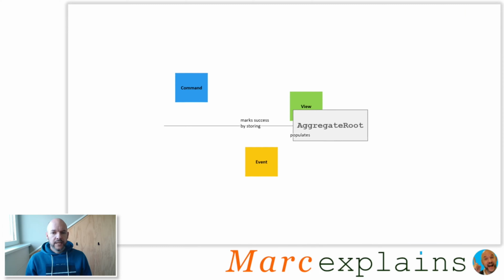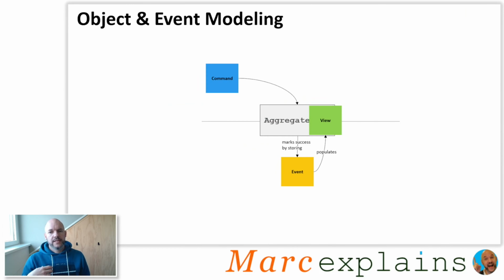And actually, how does this work? Well, the command is sent to the command handler of this aggregate. Events are being produced and are internally populating a view to check the internal state of the aggregate. And this view is used when handling new commands.